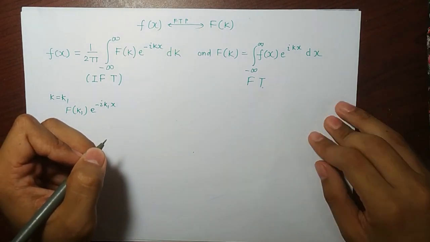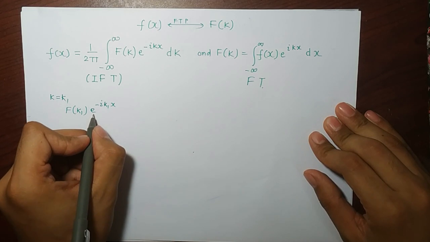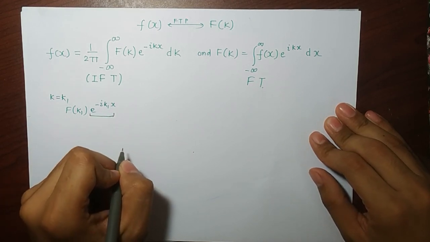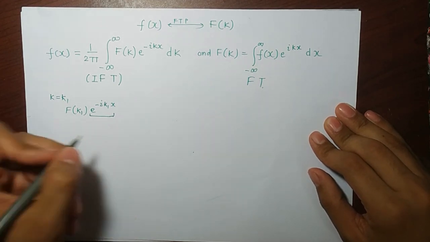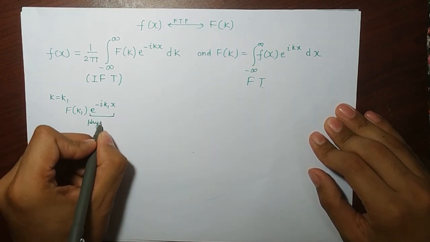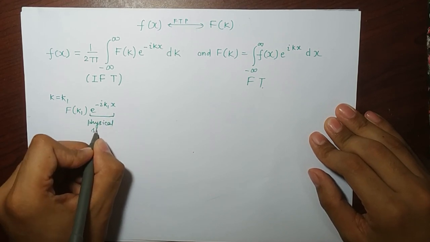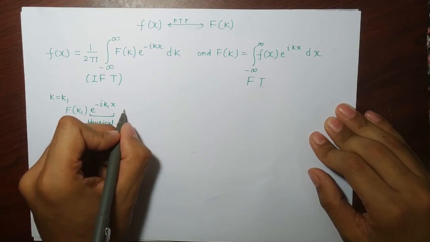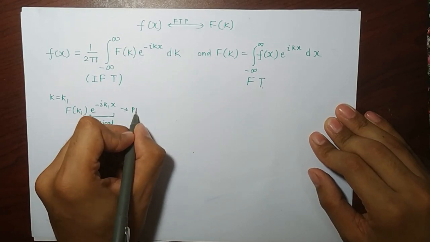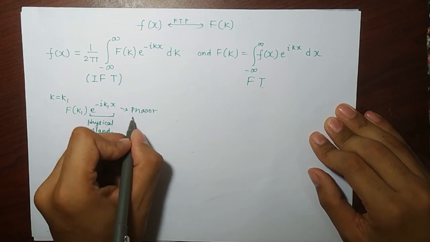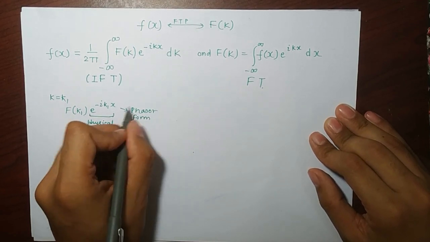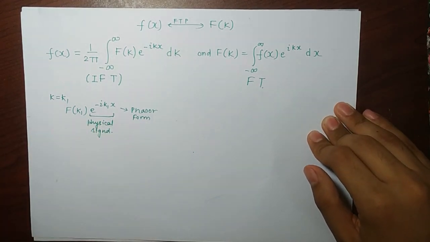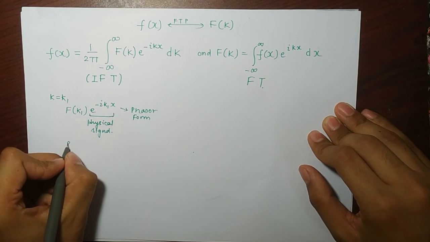So we know that the real part of e^(-ikx) tells me the physical signal. Actually, this is in the phasor form. From the phasor form, if you want to derive the physical signal, you need to take the real part.